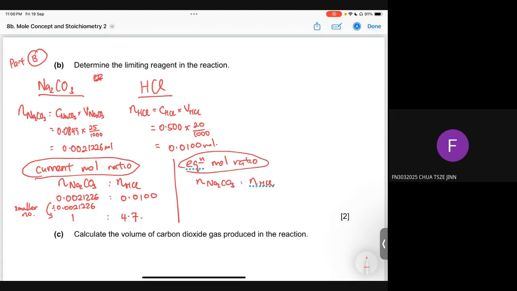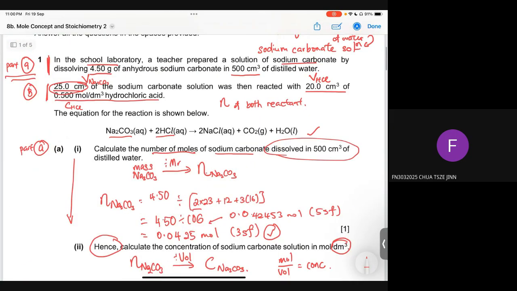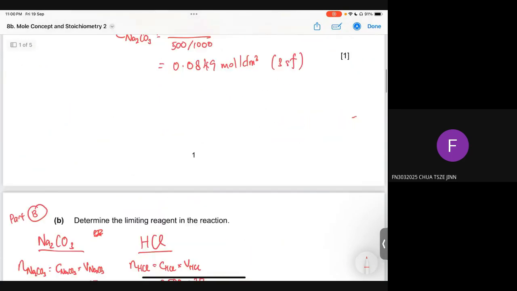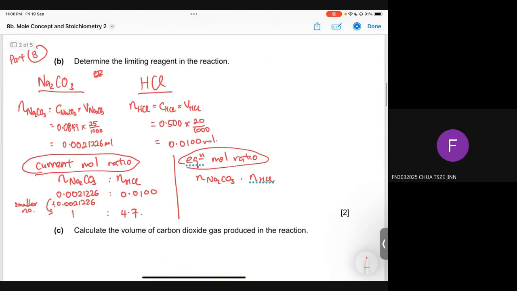If I look at the equation here, it is 1 Na2CO3 reacts with 2 HCl. So based on the chemical reaction, I know that 1 Na2CO3 will react with 2 HCl. This equation mole ratio is like the law. So 1 Na2CO3 is supposed to react with 2 HCl.